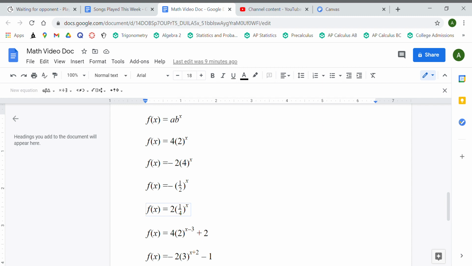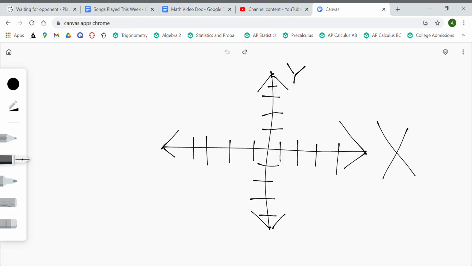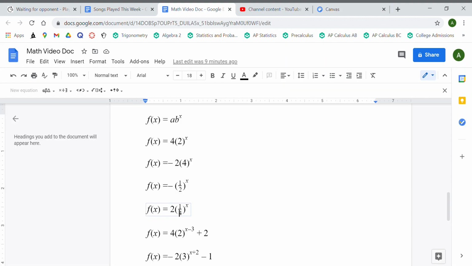We have our a value as 2, so our y-intercept is +2. Finally, we go into the positive land. And then we graph the other points. So 1/4 to the power of -1 is 4.